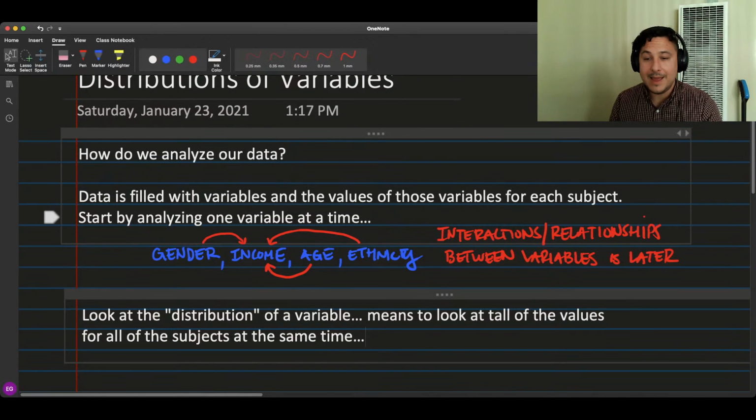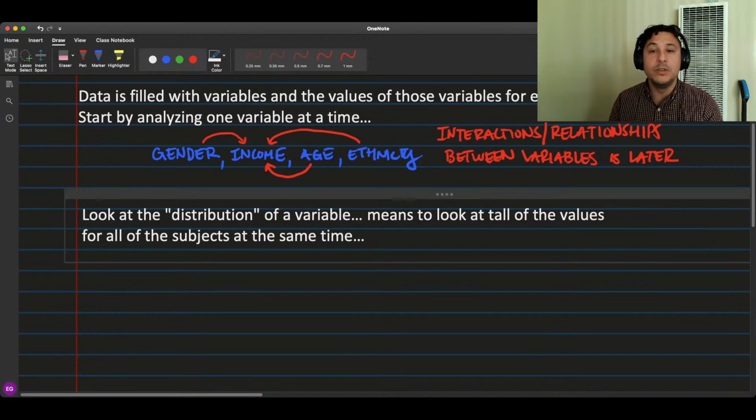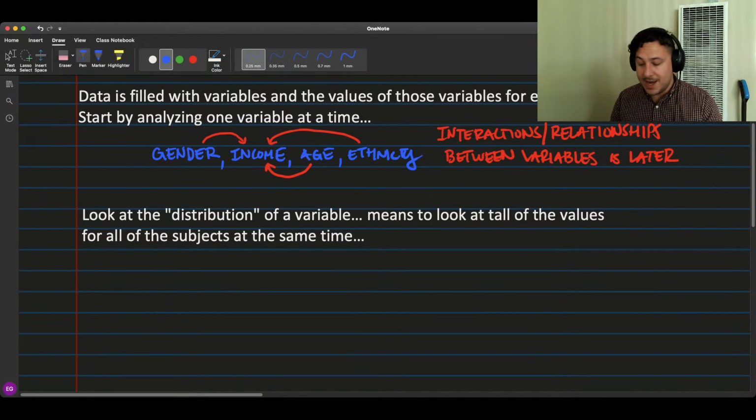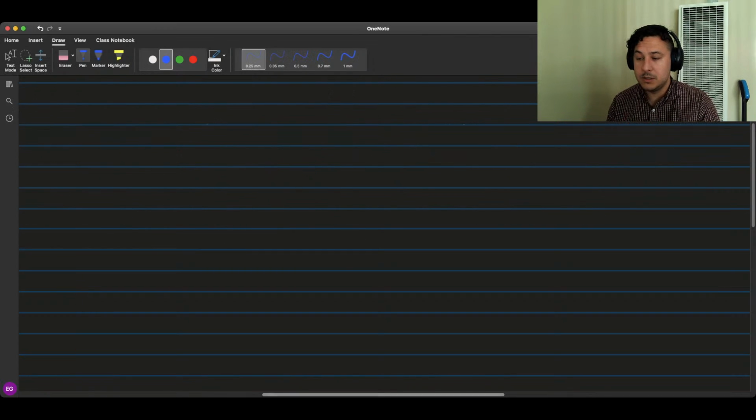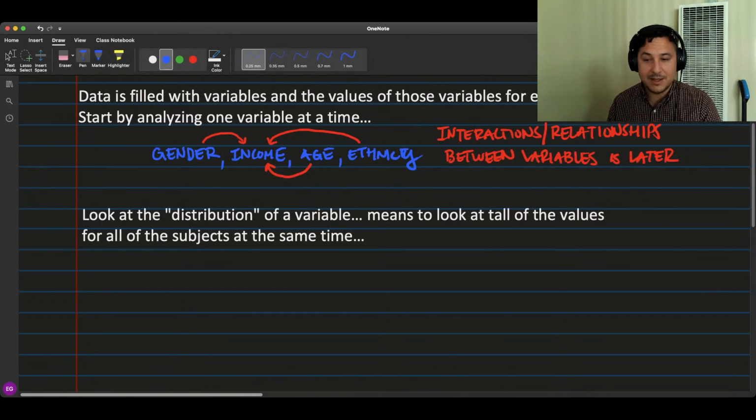There are two ways to look at the distribution of variables, and it depends on what sort of variables you're dealing with. Does anyone remember the two major types of variables that we have? Excellent.